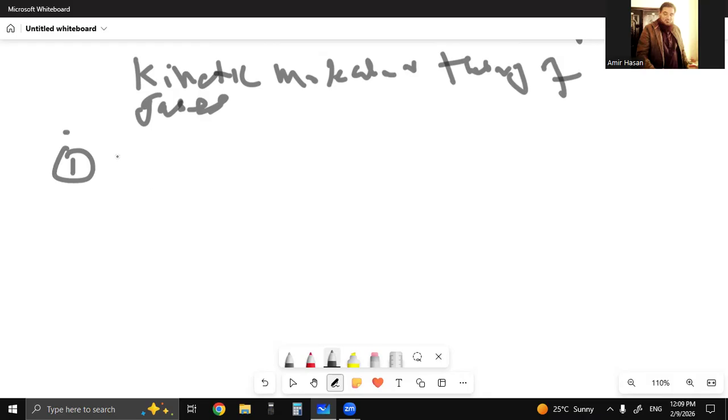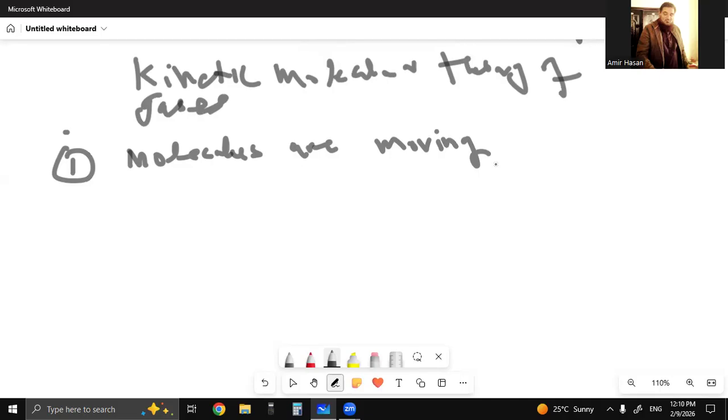According to this theory, first, molecules are moving with constant random motion. The first point of this theory is that molecules are moving constantly.